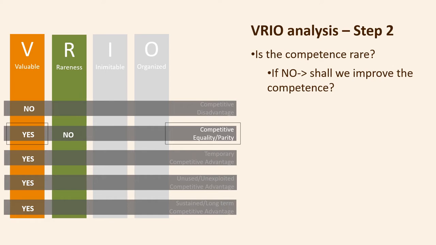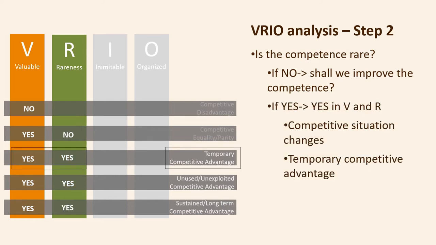With a yes in the valuable column and a no in rare, we have a competitive parity with competing firms, and our economic perspective is average. With a yes in both V and R, the competitive situation changes to temporary competitive advantage with competing firms, and our economic perspective is above average.